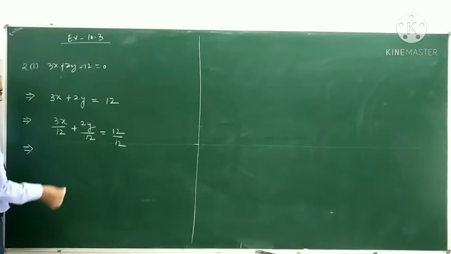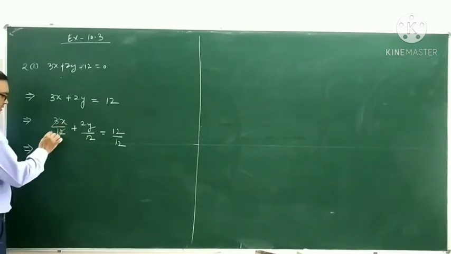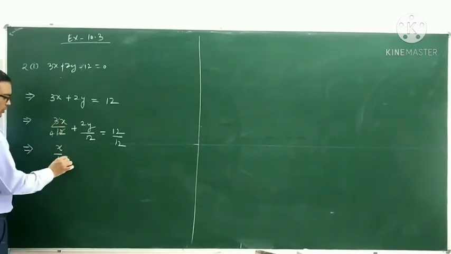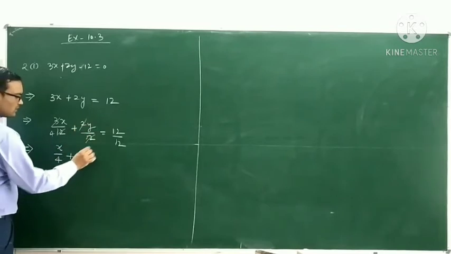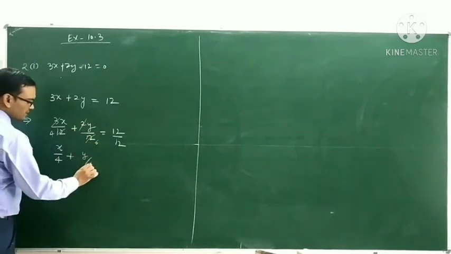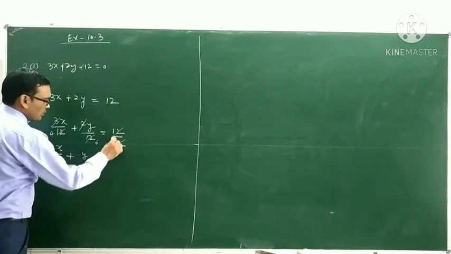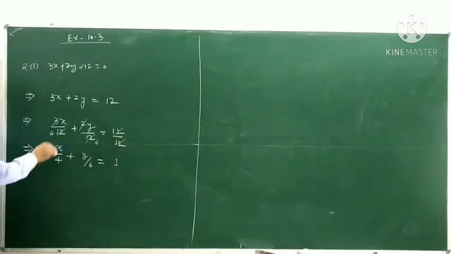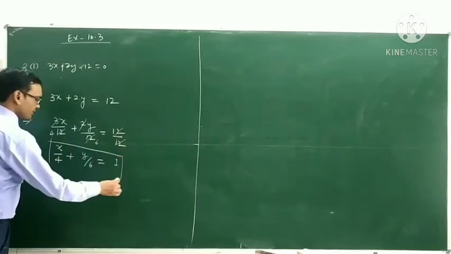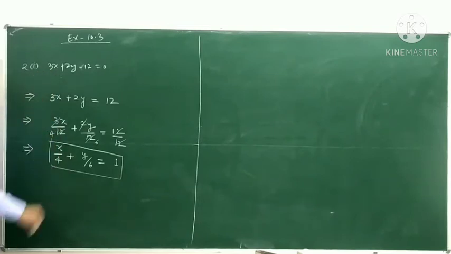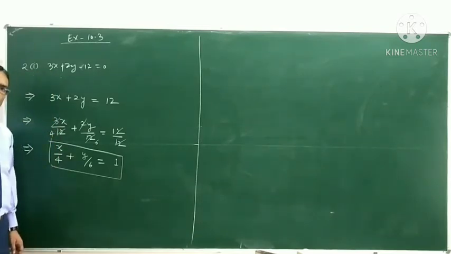This implies that x by 4 plus y by 6 is equal to 1, which is the intercept form of 3x plus 2y minus 12 is equal to 0.